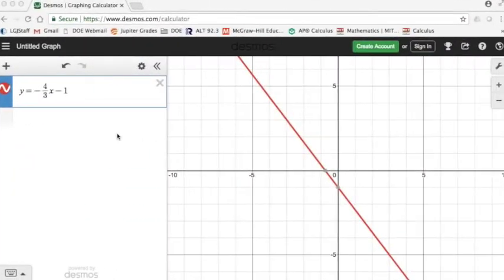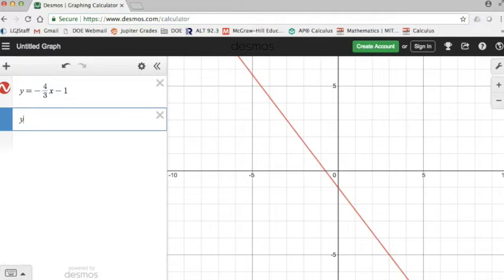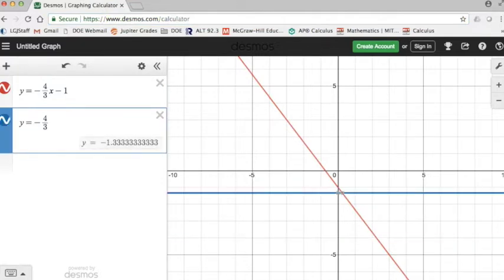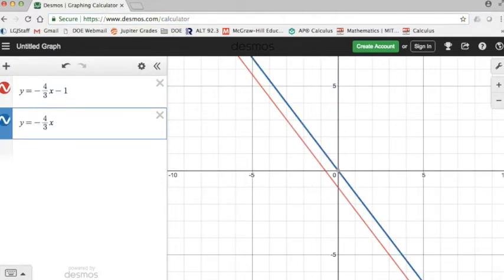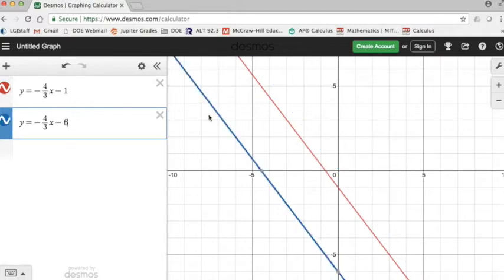Now, it can be pretty helpful as we go through for a nice way to check our answer. For that, I'm using Desmos' calculator. I just plugged in my first equation here, and we know the answer to the first one was y equals negative 4/3 x minus 6. I'm going to plug it in here. These two lines are parallel, never going to touch, and it's a nice way to check our work.